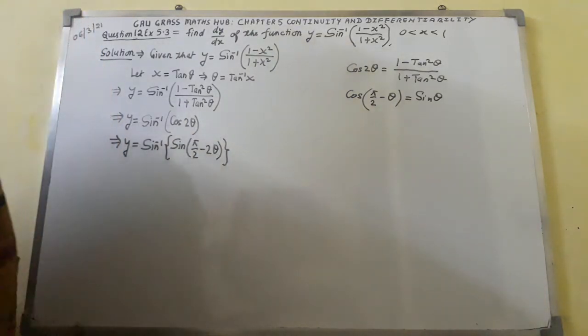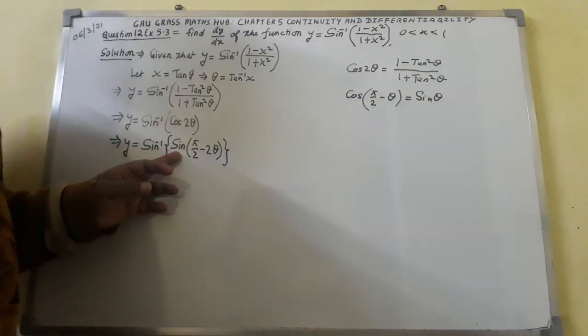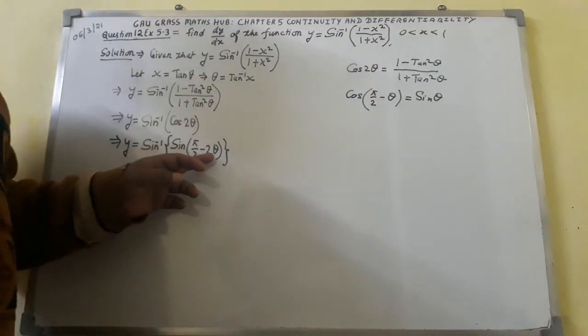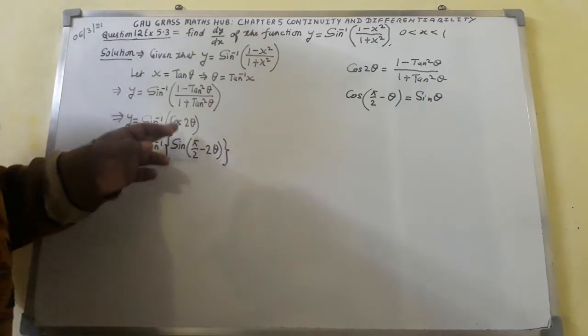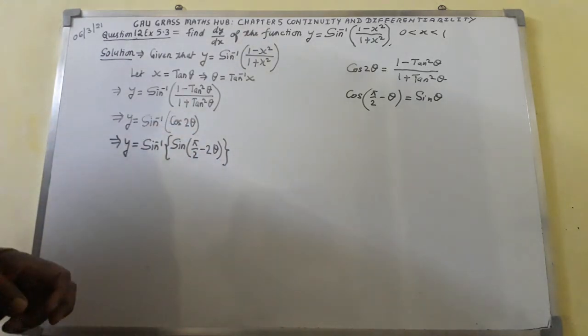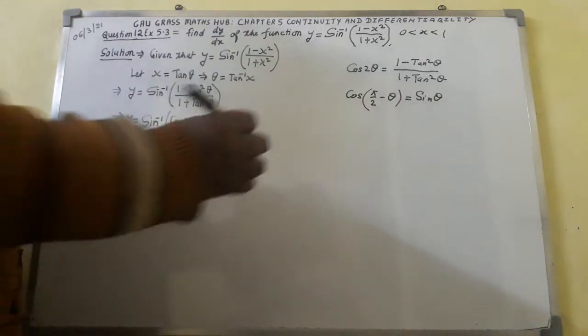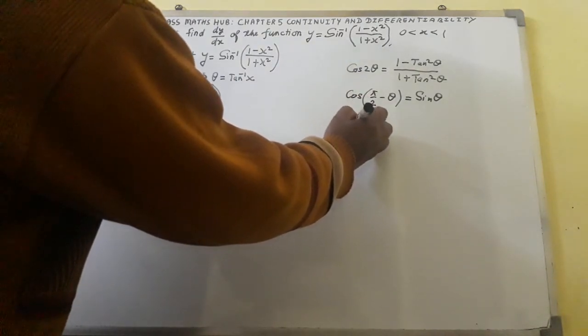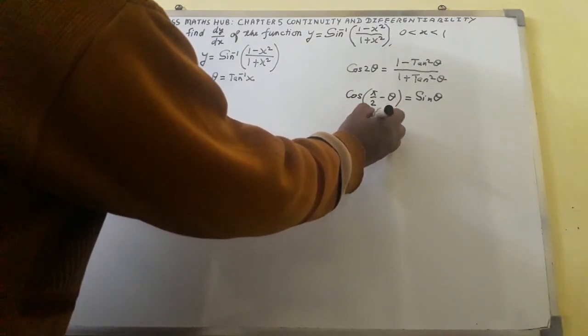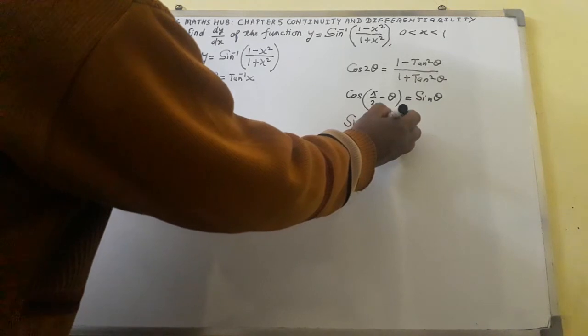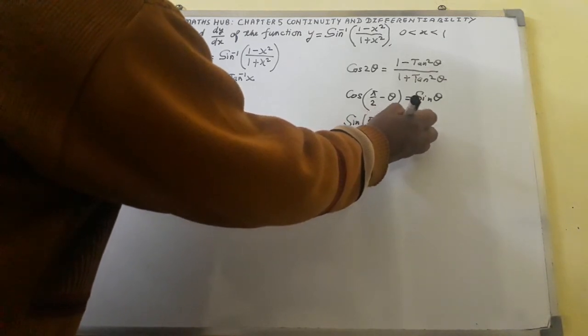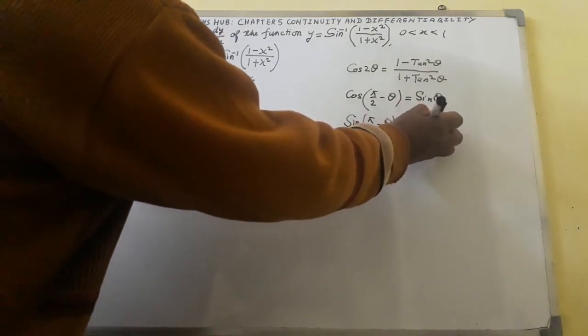Sine of (pi by 2 minus 2 theta) comes out to cos 2 theta. Sine of (pi by 2 minus theta) is equal to cos theta.